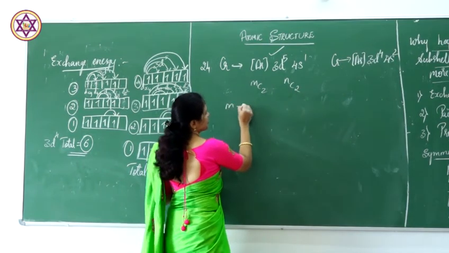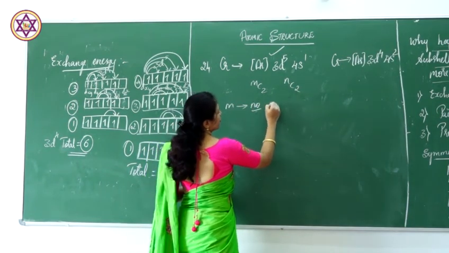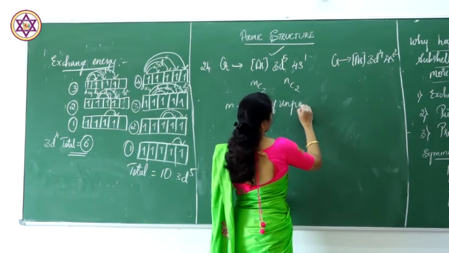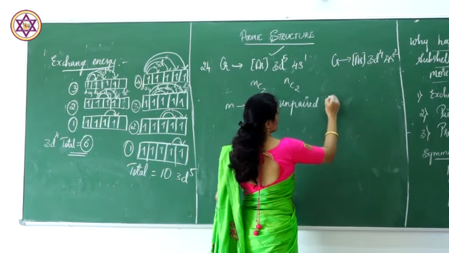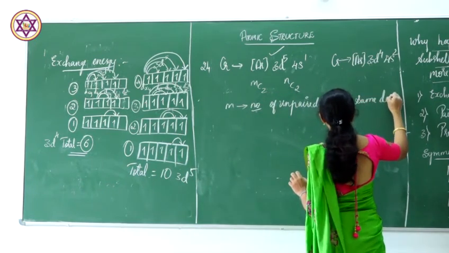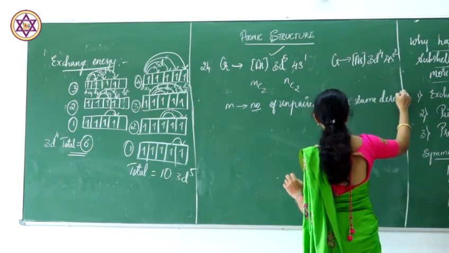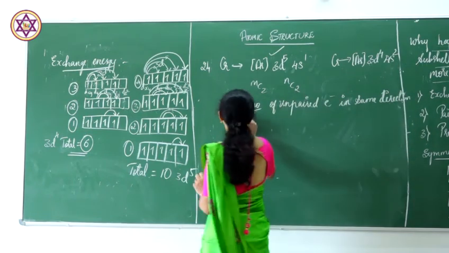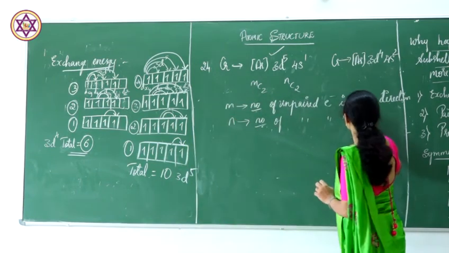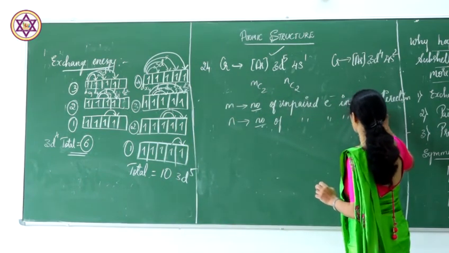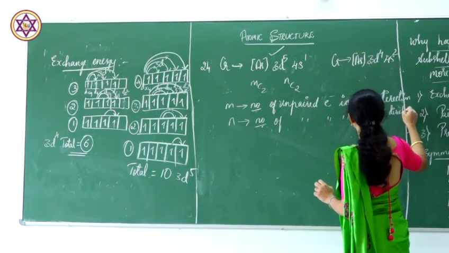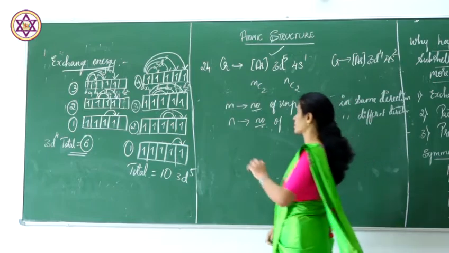Here M means the number of unpaired electrons in the same direction, and N is the number of unpaired electrons in different or opposite direction.